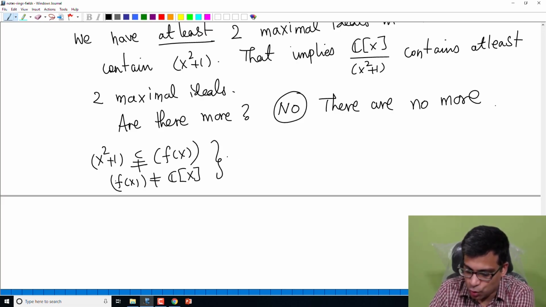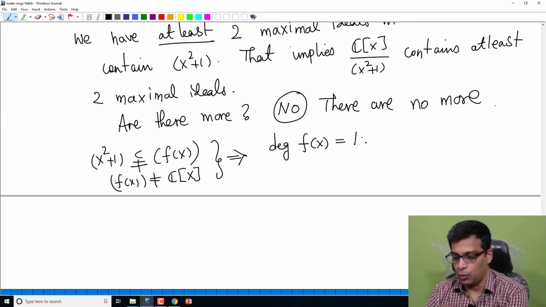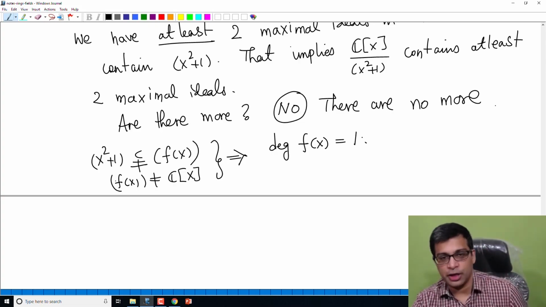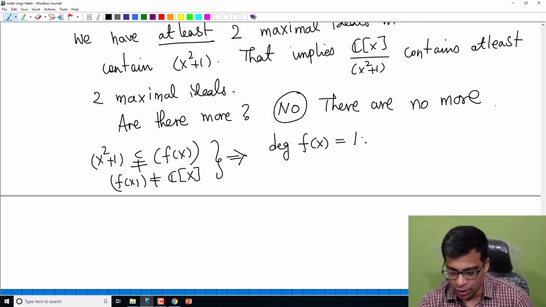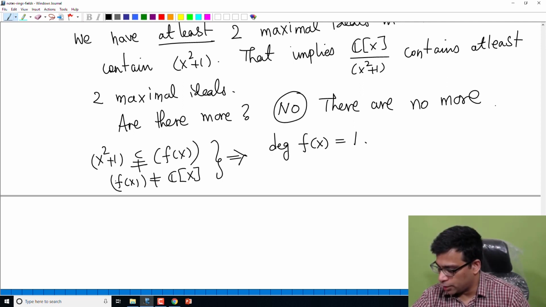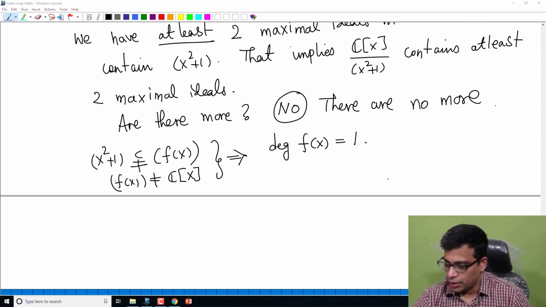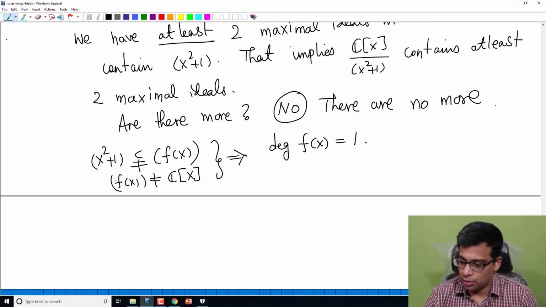If these 2 facts hold, that means that the degree of f is exactly equal to 1, because if it's 2, it must be equal to x squared plus 1. If it is 0, it must equal the unit ideal. So it cannot be more than 2, and it cannot be 0. So it has to be 1.